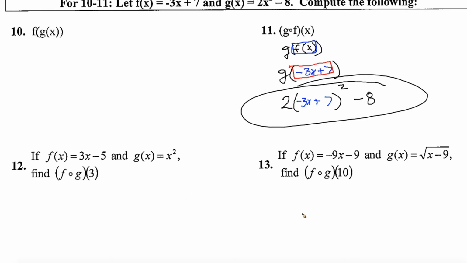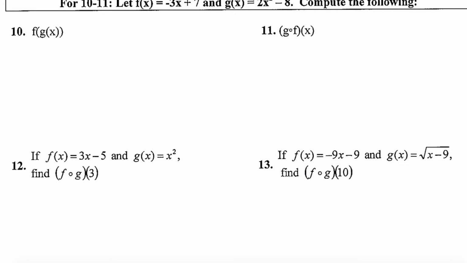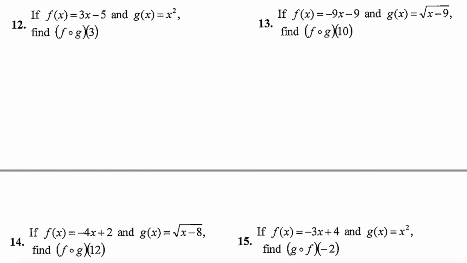Now, number 13. If, well, I guess I can scroll it down. If f of x is this and g of x is this, find f of g of 10. So f of g of 10. That means I am replacing this right here first, because I go to the center first.